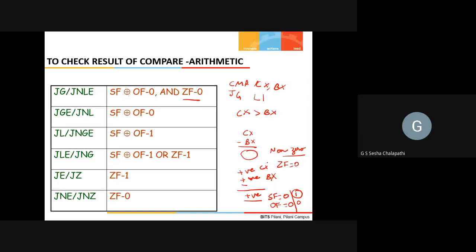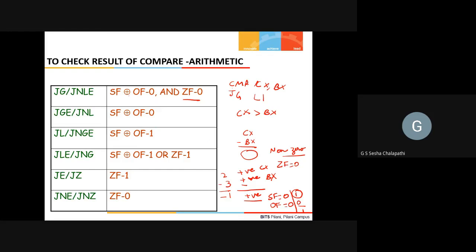Suppose you subtract 3 from 2, you will get -1, and the sign flag will be 1 because it is a negative number. That is why we are avoiding that case. In that case, sign flag XOR overflow flag will become 1, and we don't want that to happen, or we are not looking at that case.